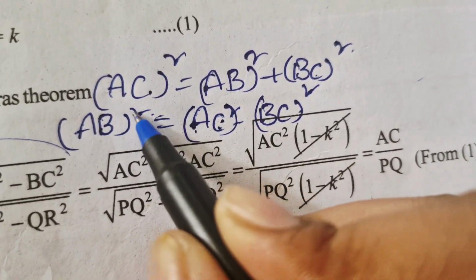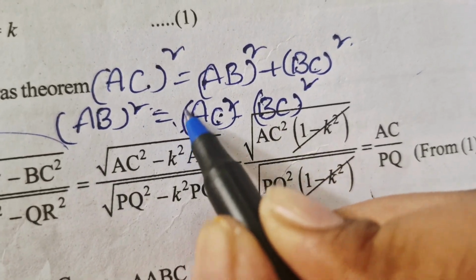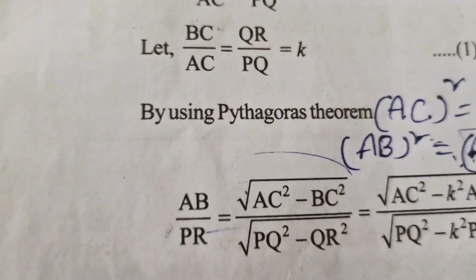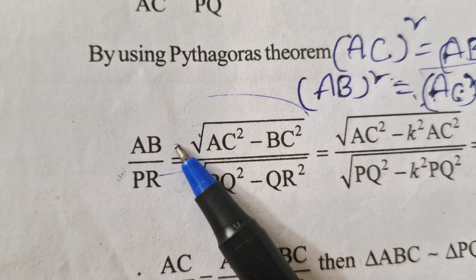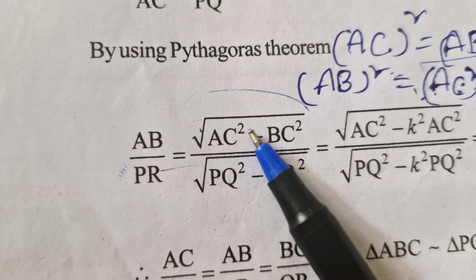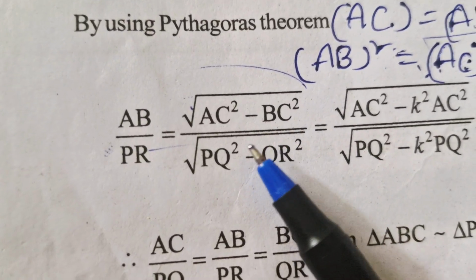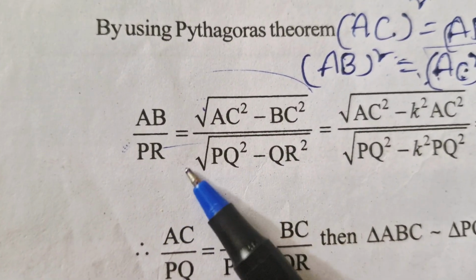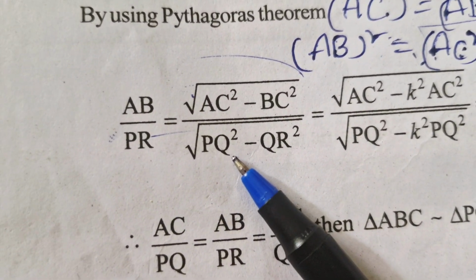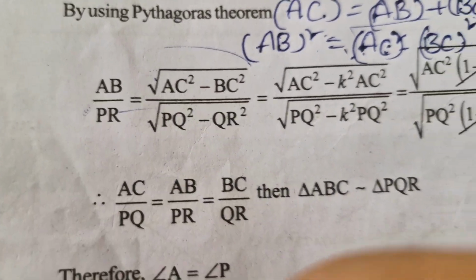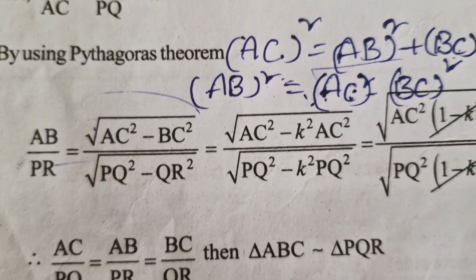Sending the square over to this side, it becomes a root. Like that we got this equation: AB is equal to root of AC square minus BC square. Similarly with triangle PQR we get the same. I want you to do that too, as I did here.